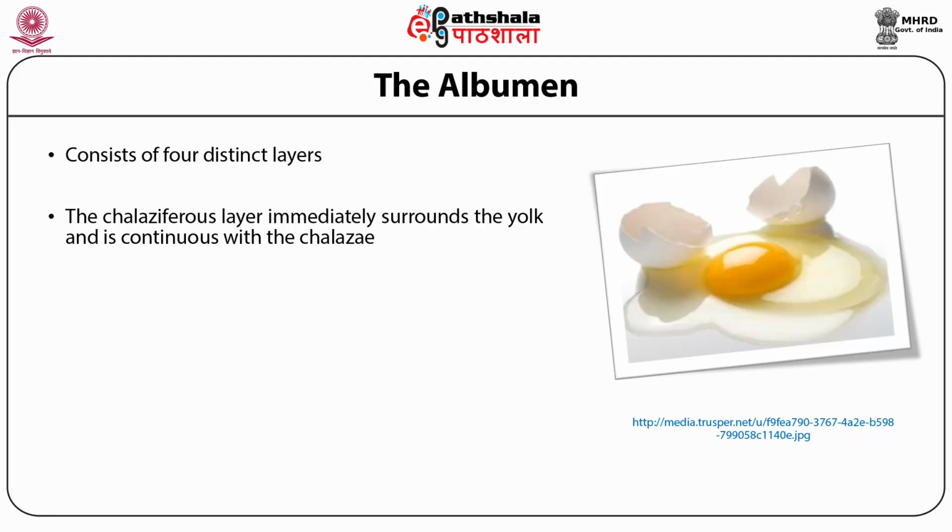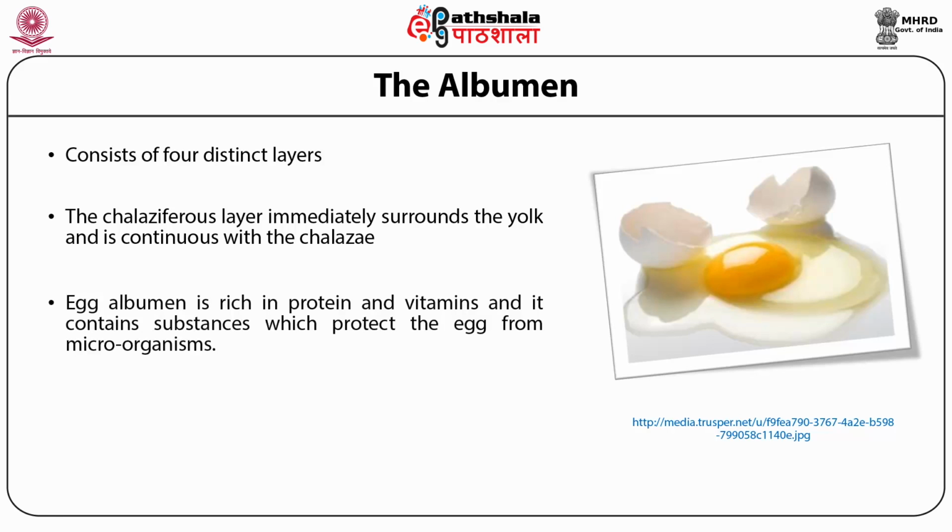This is a very thin but firm layer of white and makes up about 3% of the total white. The inner thin layer surrounds the calciferous layer and comprises about 17% of the white or the albumin of the egg.